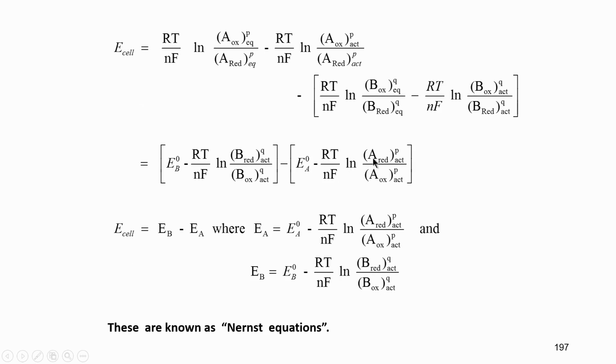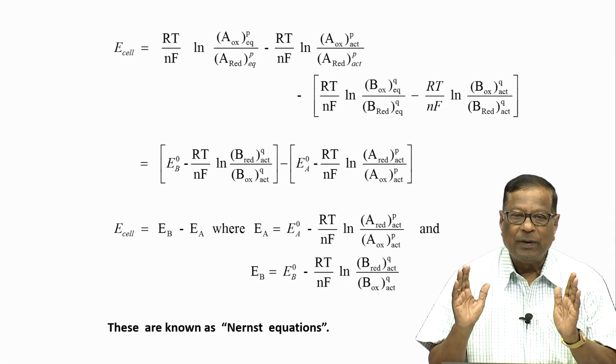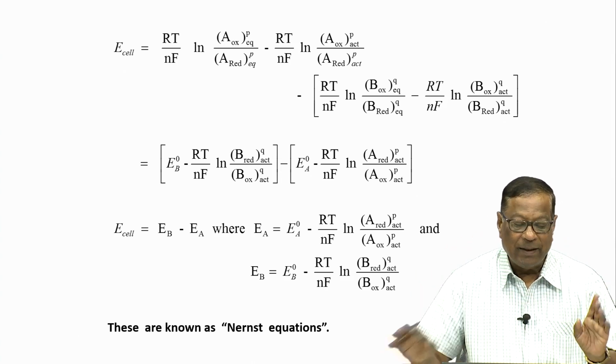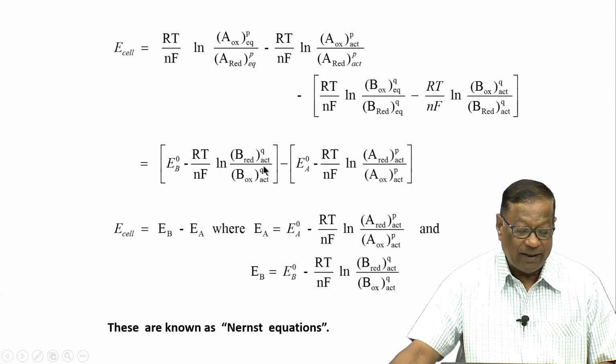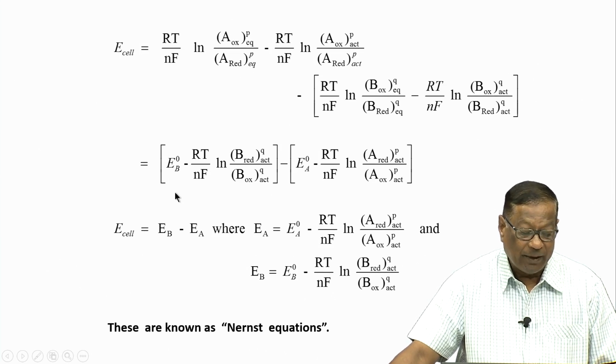and equilibrium concentration. What I have done actually is I have taken the terms corresponding to A and corresponding to B separately and reorganized the equation here. So, put them together, and then equilibrium concentration I am going to put as EA, EB, corresponding to each species.